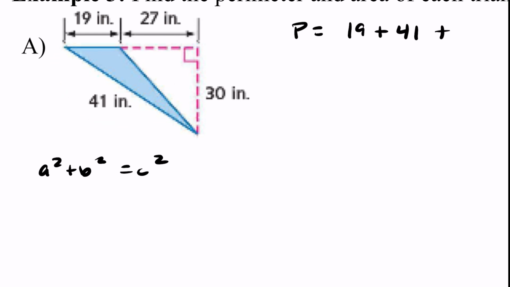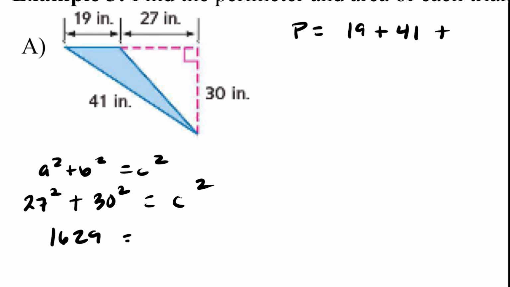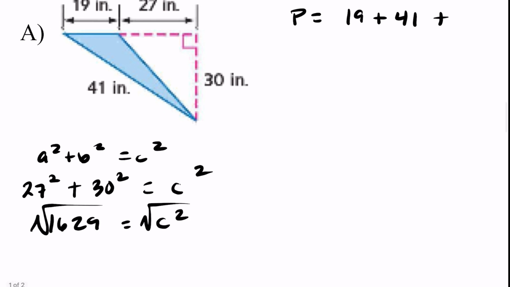So a is going to be 27 squared plus what's b? 30 squared, and then c is what we're trying to figure out. Okay? So you're going to get 1,629 equals c squared, and if I take the square root on both sides, you're going to get approximately 40.4 inches.